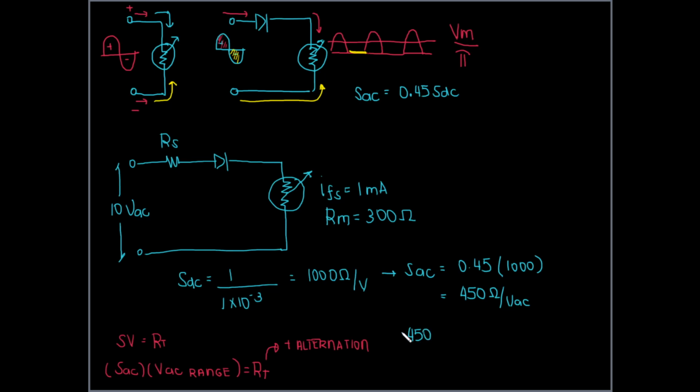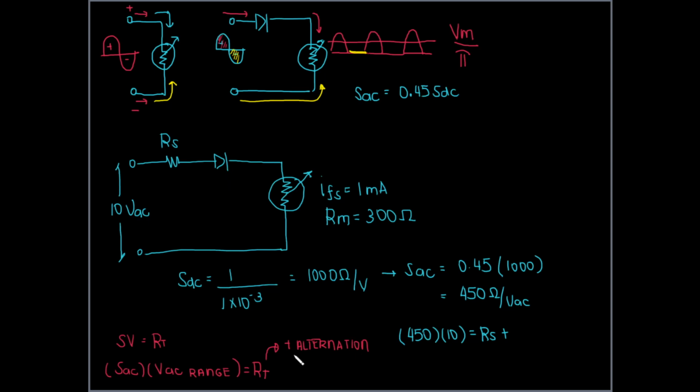Applying the formula, S is 450. We want a range of 10. That should now be equal to the total resistance during the positive alternation. So what are the common resistances? Of course, we need the multiplier resistance, which is what we're solving for. And sometimes we also have the forward bias resistance of the diode.